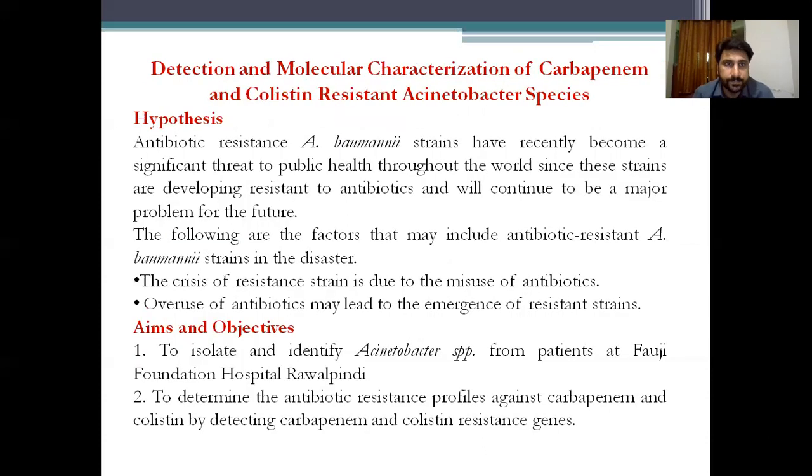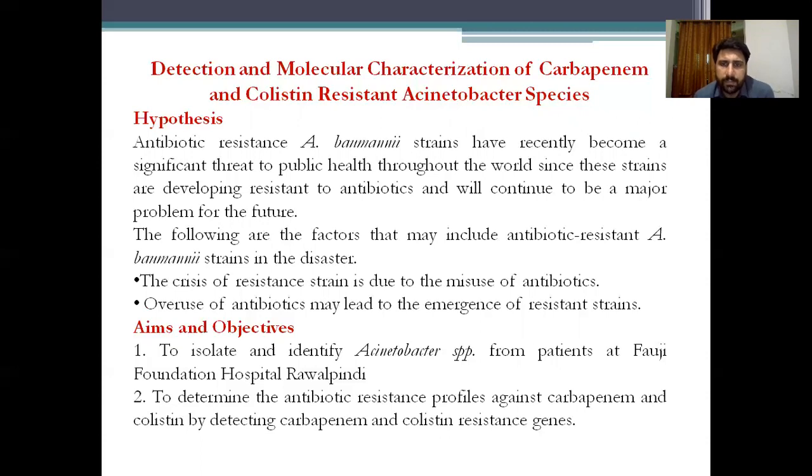That depends on you. For example, we have some possible topics, like detection and molecular characterization of carbapenem and colistin resistant Acinetobacter species. Now, a hypothesis about this study is that antibiotic resistant Acinetobacter baumannii strains have recently become a significant threat to public health throughout the world, since these strains are developing resistance to antibiotics and will continue to be a major problem for the future.